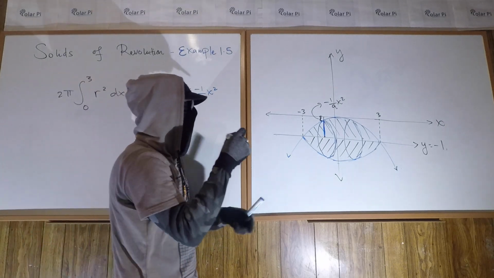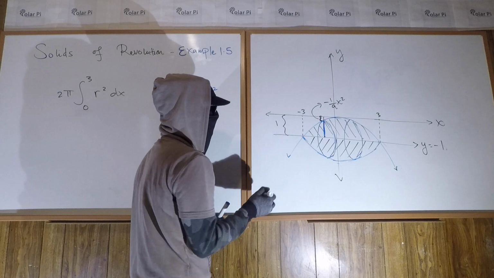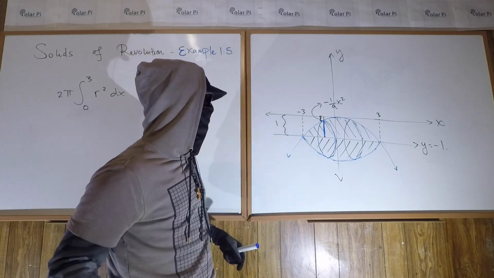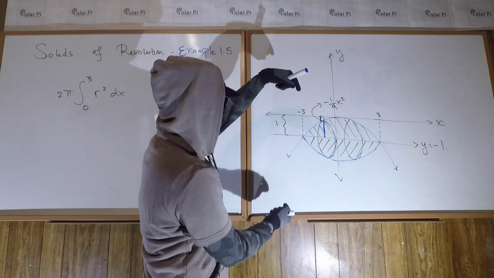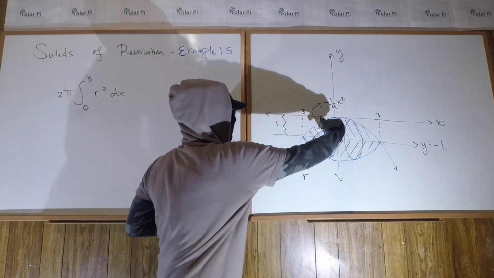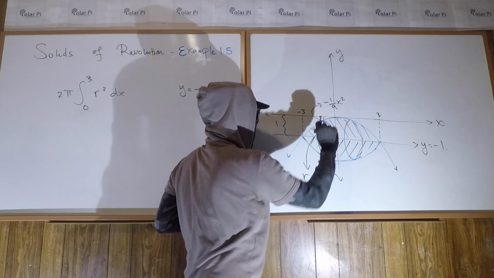So the whole bit from here to here is 1, obviously. It's a distance, so it's not -1. Okay, it's a distance. So this is 1, and this here is R. This bit in blue is R. The rest of the way is -1/9 x squared.